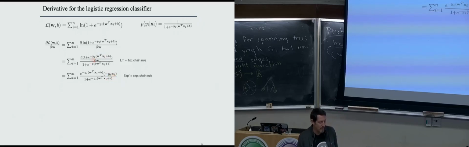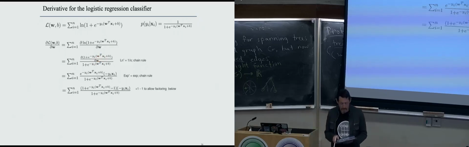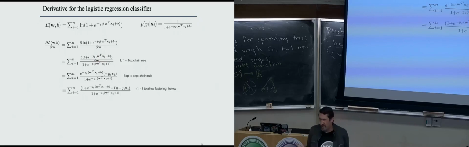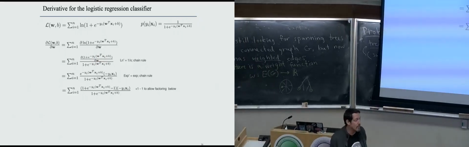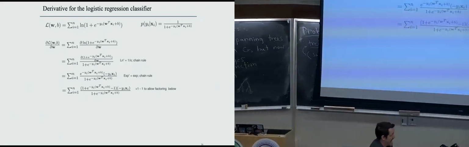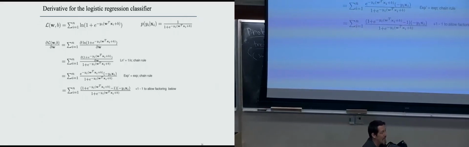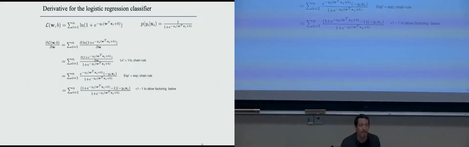The minus y term, the xi term, the w goes away, right? So there's another little step in here where we do +1 -1 to enable us to factor it out. This is a bit of algebra. I hate this. It's not the kind of thing I would ever think of to do, but somebody thought of doing it.